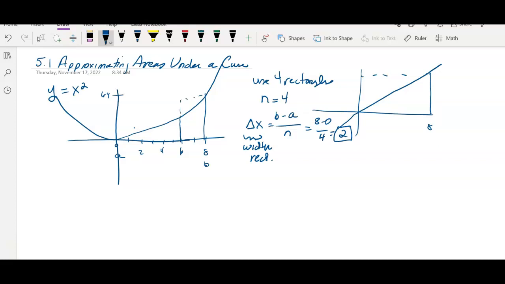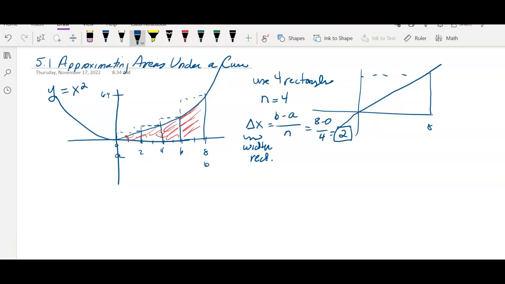So if there's my rectangle between 6 and 8, there's my rectangle between 4 and 6. There's my rectangle between, right? And there's my rectangle. And what I really only want is this.